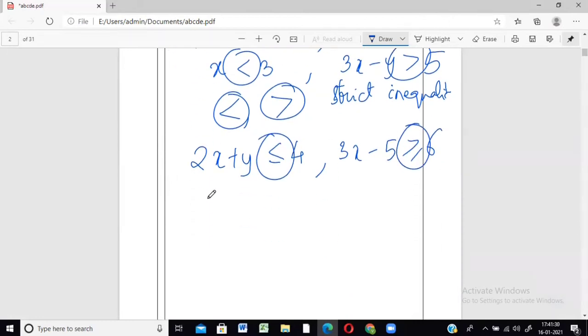So these types of equations, less than or equal to, greater than or equal to, are called slack inequalities. Okay, they are called slack inequalities. Please remember, strict inequalities will be easily remembered because it's strictly less than or greater than, and less than or equal to or greater than or equal to are called slack inequalities.